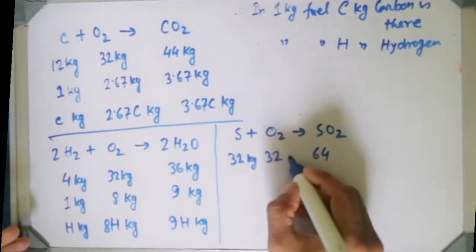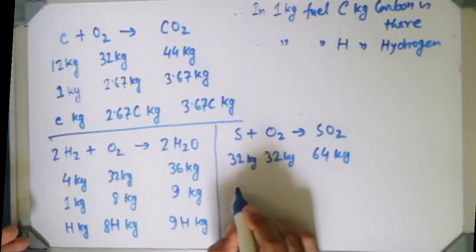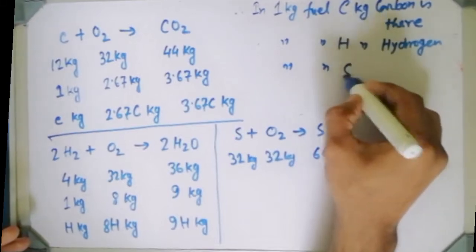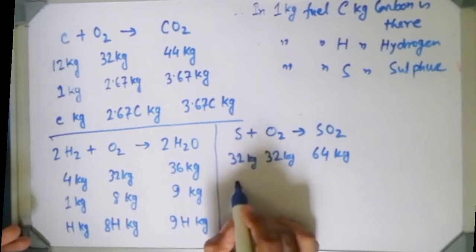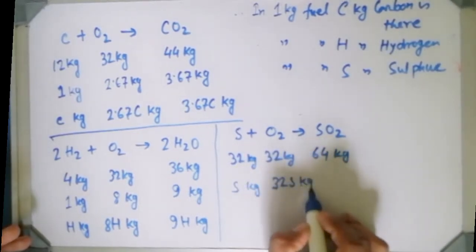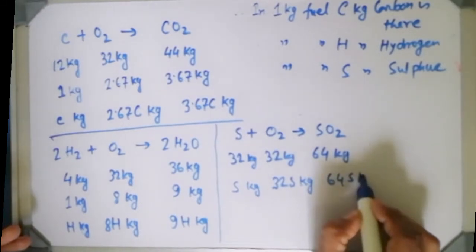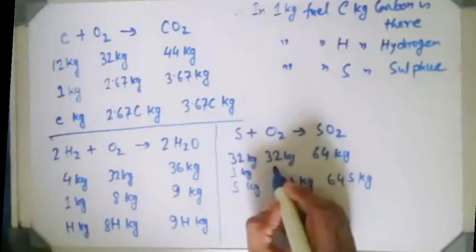They are all in kg. In a similar fashion, if in 1 kg of fuel S kg of sulfur is there, then for S kg it will be S kg of oxygen and 2 S kg of sulfur dioxide.